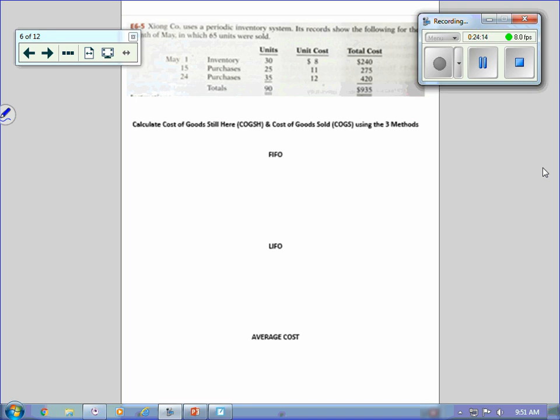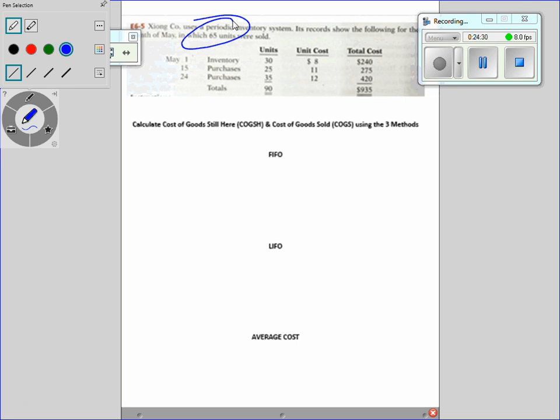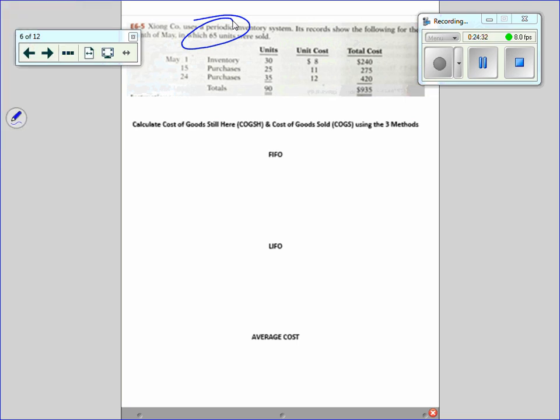Could you do it without your cheat sheet? Which one? Units sold. Okay, so they usually tell us. Okay, so what am I going to do with that 65 units in comparison to the 90?